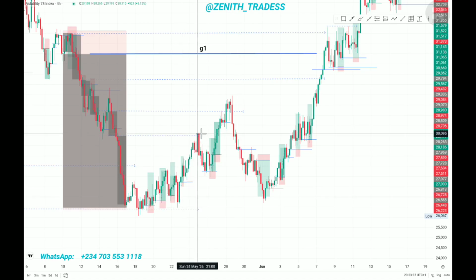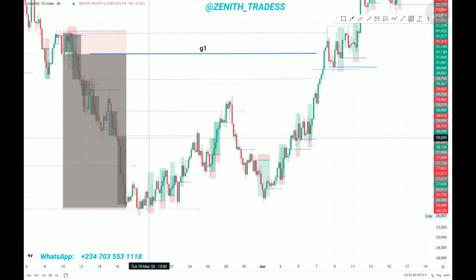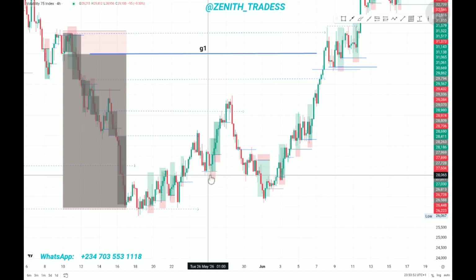When price taps on the first daily open, what did price do? Did that candle hold? No. All the directional candles before then were holding, but the moment it tapped on the daily open, it gave a minor reaction. That's where the minor reaction started.